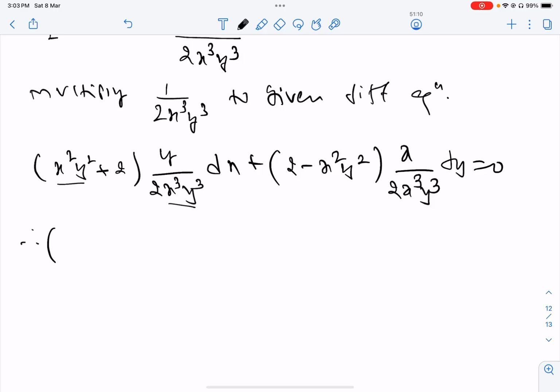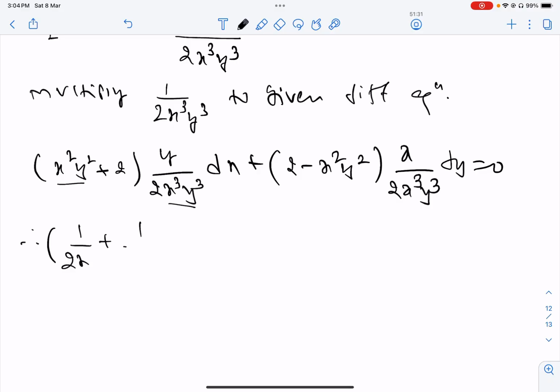So therefore now let us simplify. This is x square y square, this is x cube y cube. So x square y square cancel. So 1 x remaining, y cancel. So this will be 1 upon 2x. Then this is plus 2 cancel, 1 y cancel.